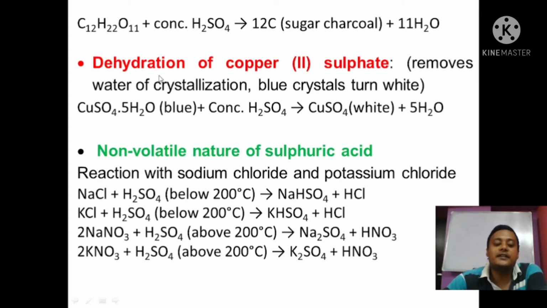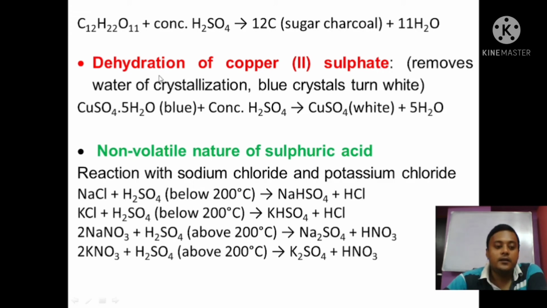If the reaction takes place below 200 degrees Celsius, then we get the bi-salt, that means partial substitution takes place, and if the temperature is above 200, then complete neutralization takes place, that is, both the hydrogens of the sulfuric acid get replaced.